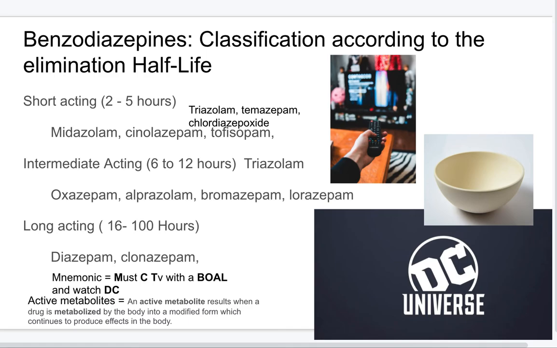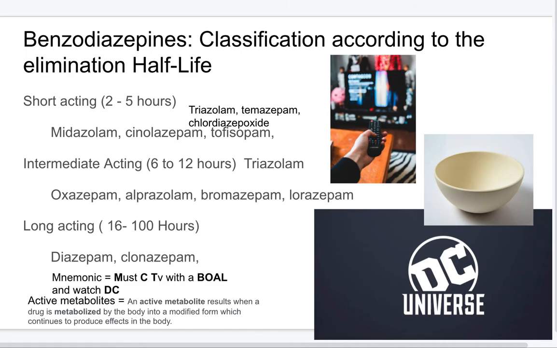The M over here is midazolam. The C over here is cinolazepam. The T over here has a lot of things, so it can be triazolam, temazepam, chloride and tofisopam.